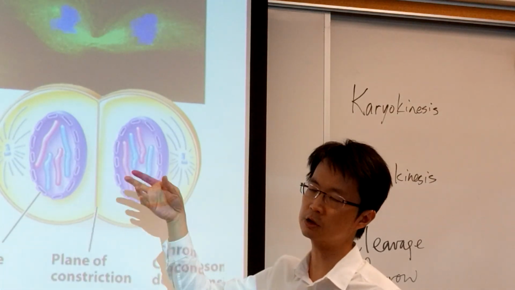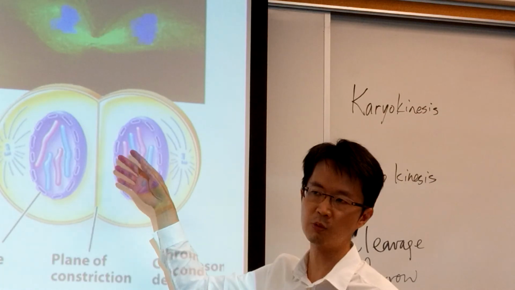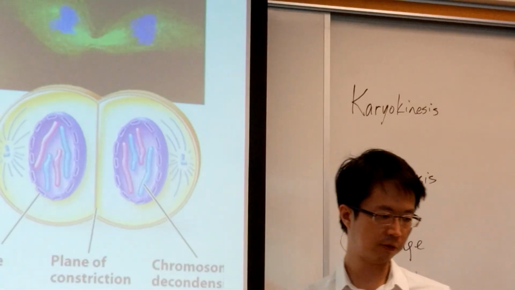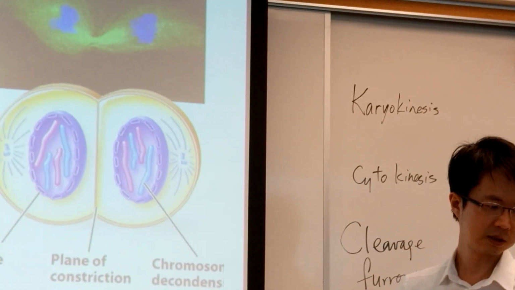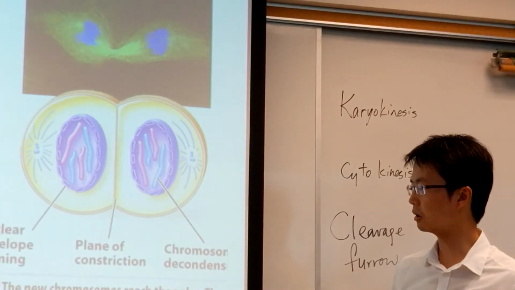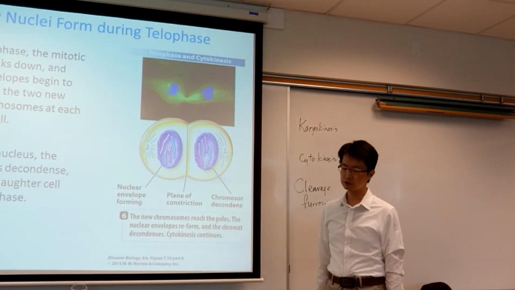So it is like two cells, but it is still one cell, two cells connected to each other in the form of one cell. Then we call this telophase. And cytokinesis continues, and then you will go to G1 phase.